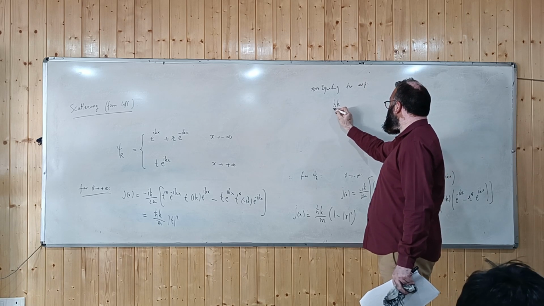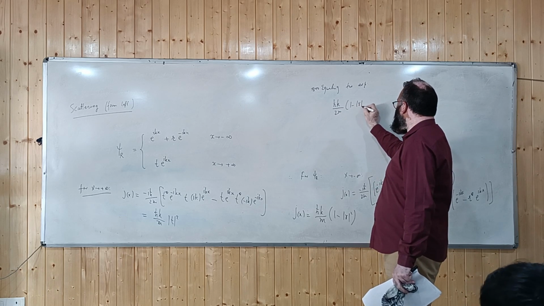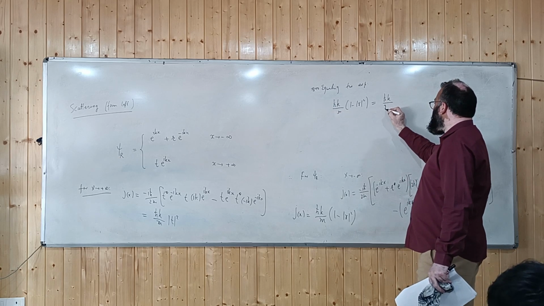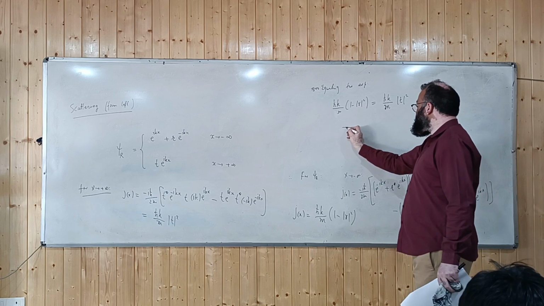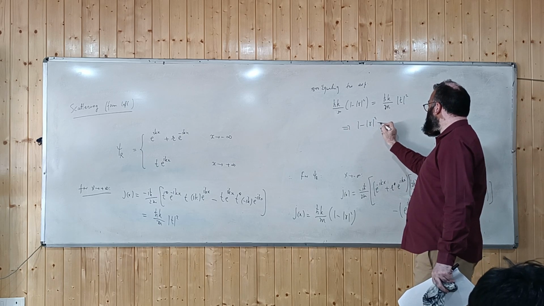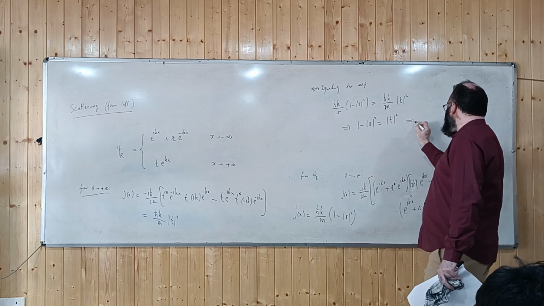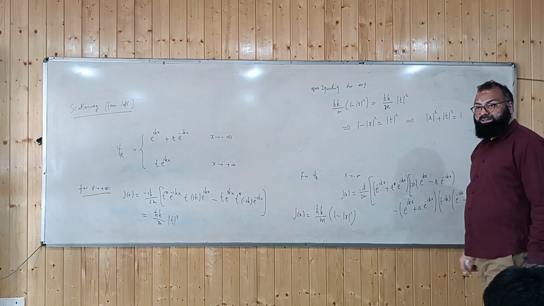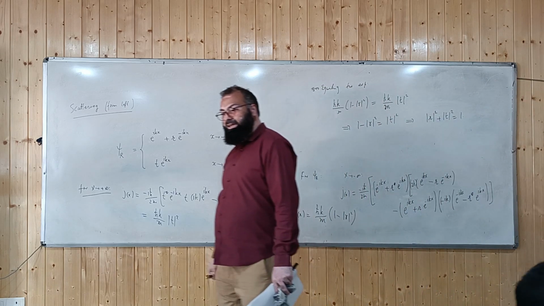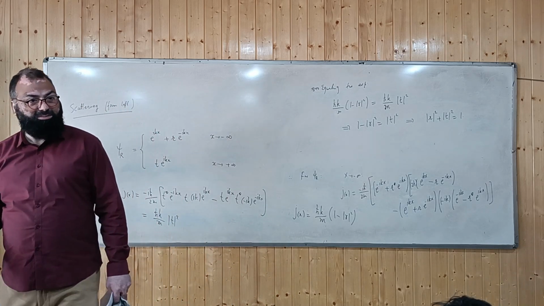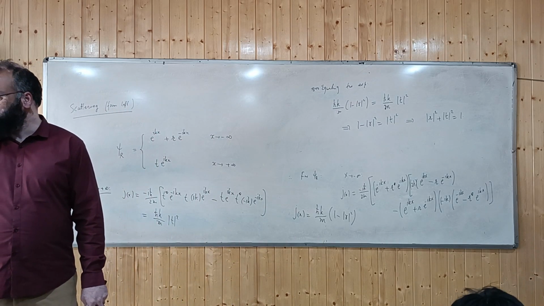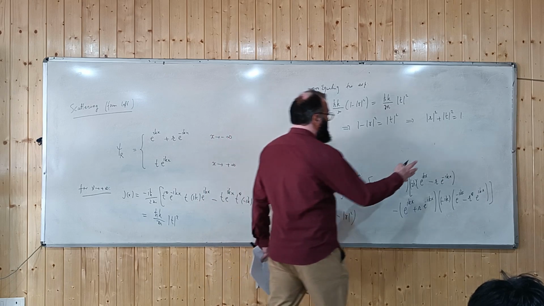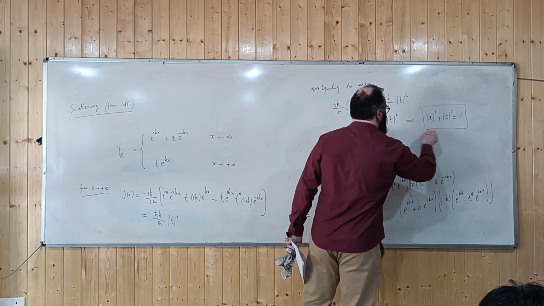It means h cross k by m, 1 minus magnitude of r squared, equals h cross k by m, magnitude of T squared. So 1 minus magnitude of r squared is the same as T squared. What it gives me is magnitude of r squared plus magnitude of T squared is equal to unity. Magnitude of r squared is the reflection probability, plus transmission probability, is equal to unity. So this is simply the conservation of the current, or conservation of the probability. Got it? Now you have got the relation between the two things. This is a very important identity.